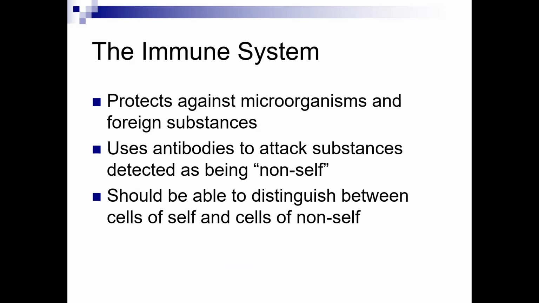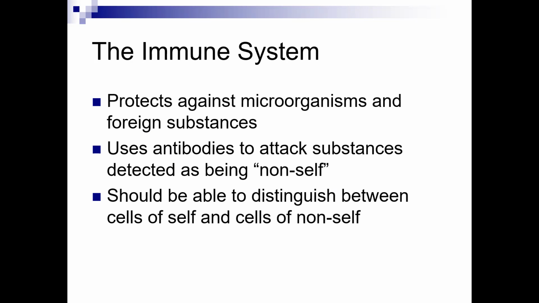Remember, our body's the perfect temp that they love, that warmness and wetness. And this means that our immune system has to create antibodies that attack these substances that they detect as non-self.